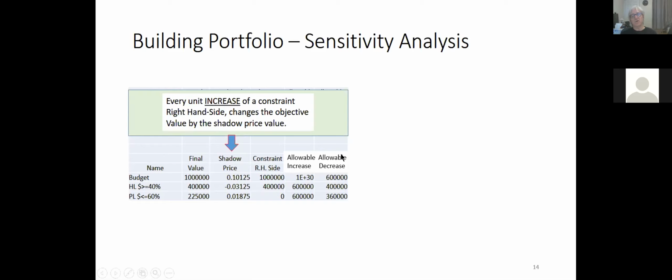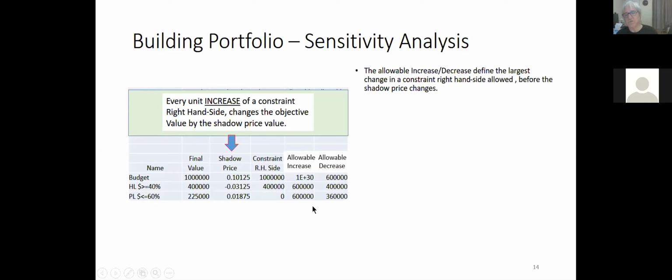The lower part of the sensitivity report is giving you all the shadow prices here and the ranges of feasibility. So it tells you how to interpret it.